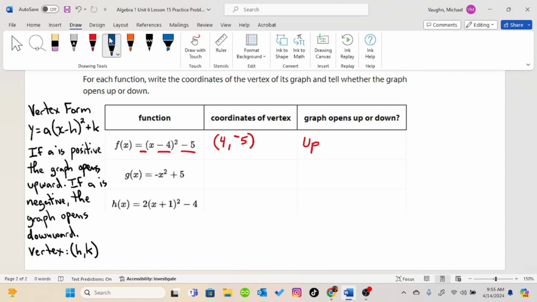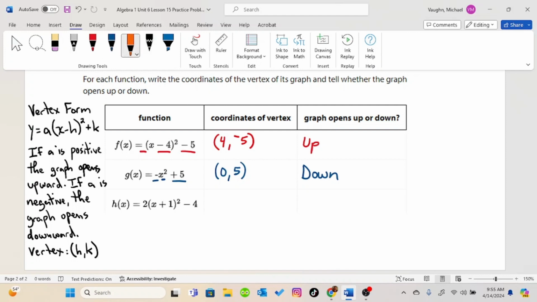Next, we'll look at G. We have what would be x minus 0, so h is 0. Then we have plus k, so k is 5. And we have a negative 1 as A, so this opens down.